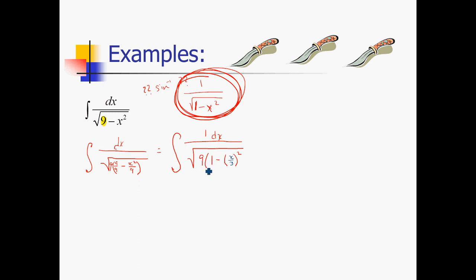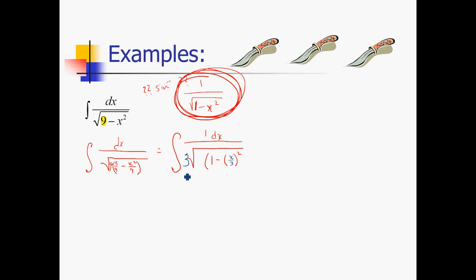Oh, hey, I need that 9 to be out of there. Well, that's the square root of a product. So isn't it true that this 9 can come out of the radical and be a 3 right there?